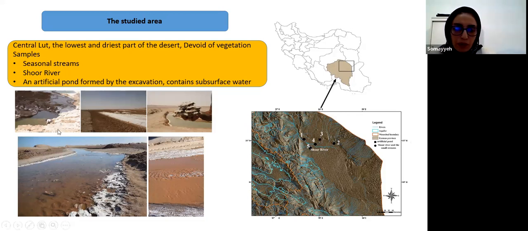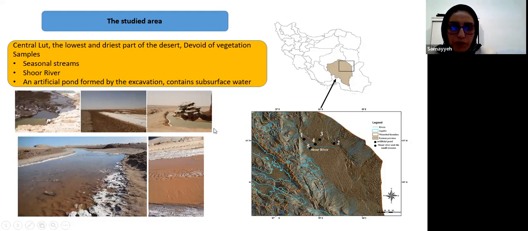And these are the images: Shu River upstream, Shu River downstream, the stream Kalilut, and the other stream, and this is that pond along the road.